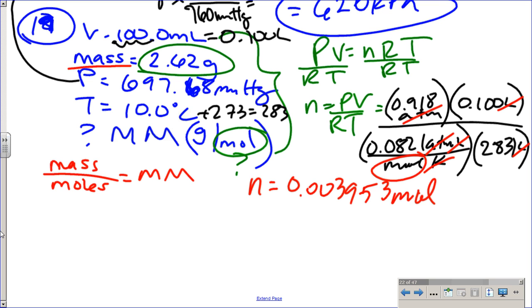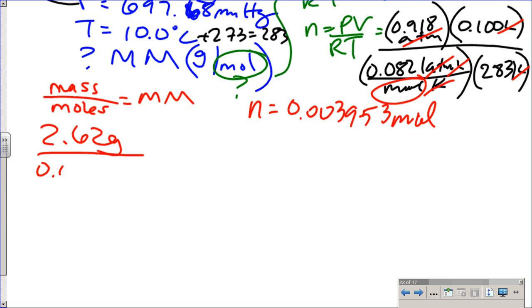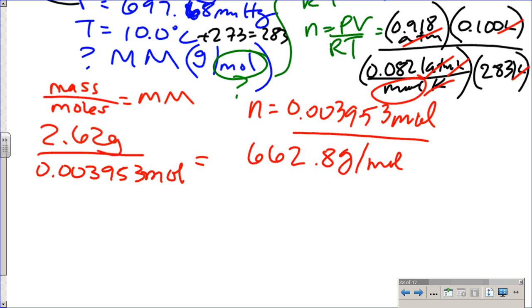So mass was given as 2.62 grams divided by 0.003953 moles. If you divide them, that's the molar mass of the compound, which would be 662.8 grams per mole. Which is a humongous number, probably a large protein or some biological molecule.